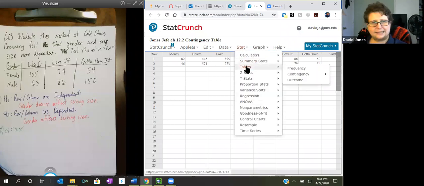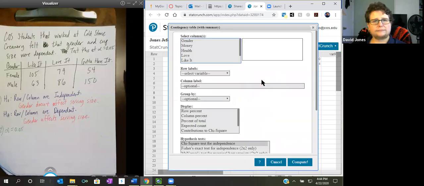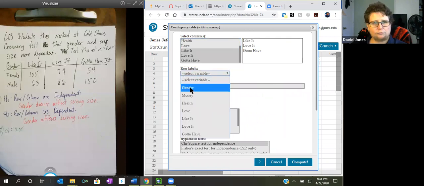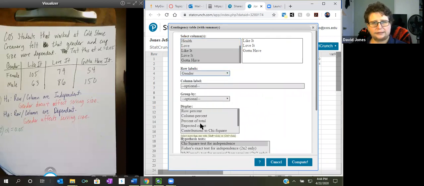We'll do stats, tables, contingency with summary. Like it, love it, gotta have it is our column. So the row labels are in gender. Let's just look at expected count.